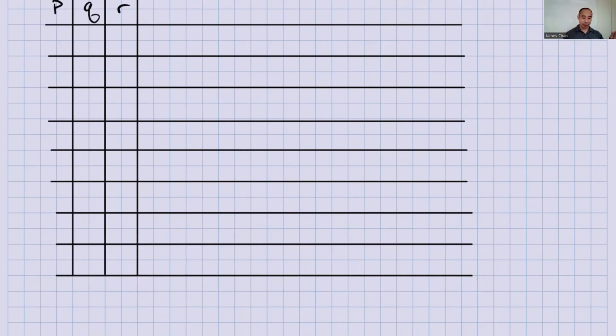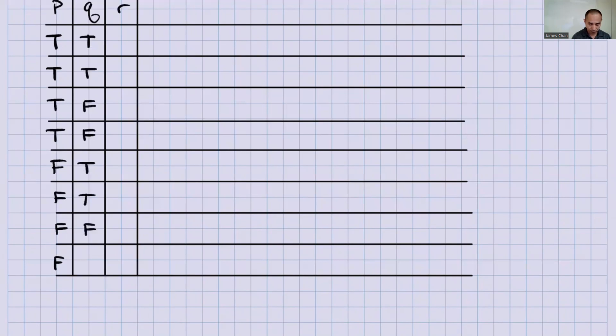On the very first letter, half of it is true. Half of 8 is 4. There's 4 trues, 4 falses. Anybody see that? What's half of 4? 2. So 2 trues, 2 falses, 2 trues, 2 falses.